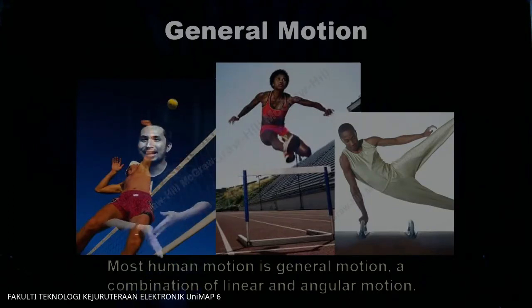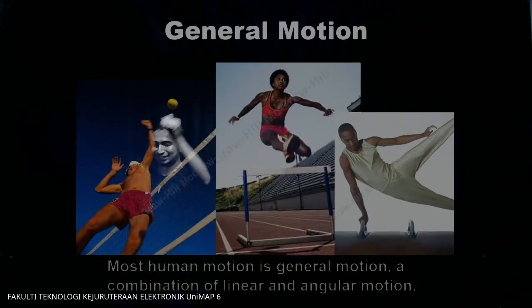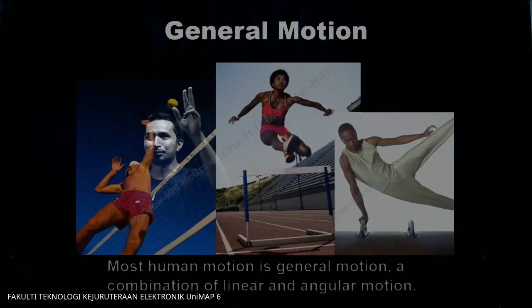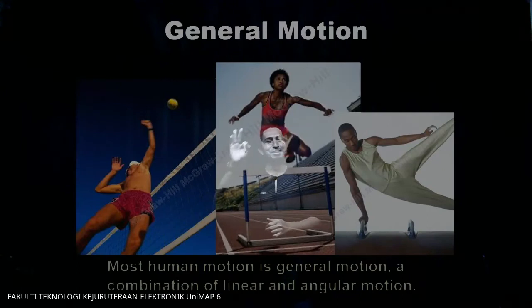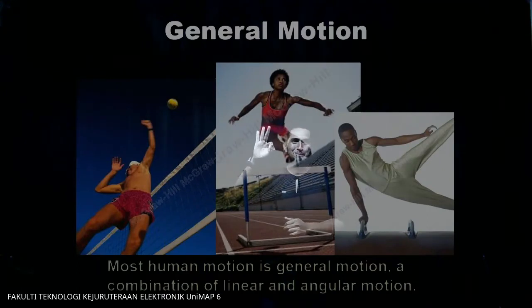And front and back, the Z axis, is the anterior-posterior axis. So there are 3 main axes.